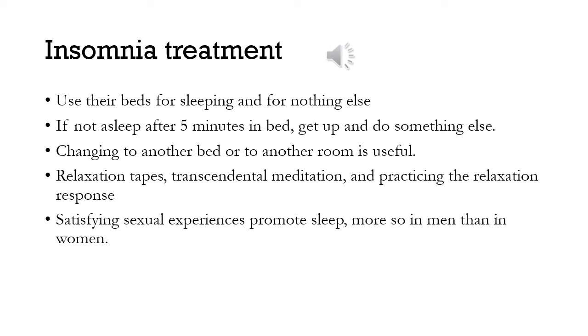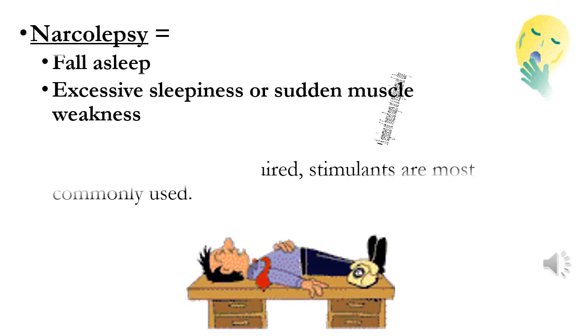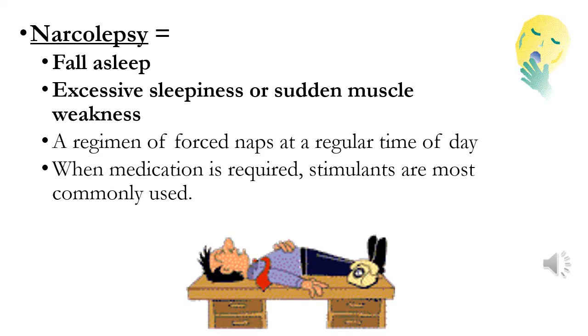If you don't sleep within the first 5 minutes you get into bed, you get up, or you can change to go into another room or another bed, or you can use meditation and the things that we had talked about earlier to reduce the brain waves. Satisfying sexual experiences can also promote sleep, but this is observed more in men than in women.